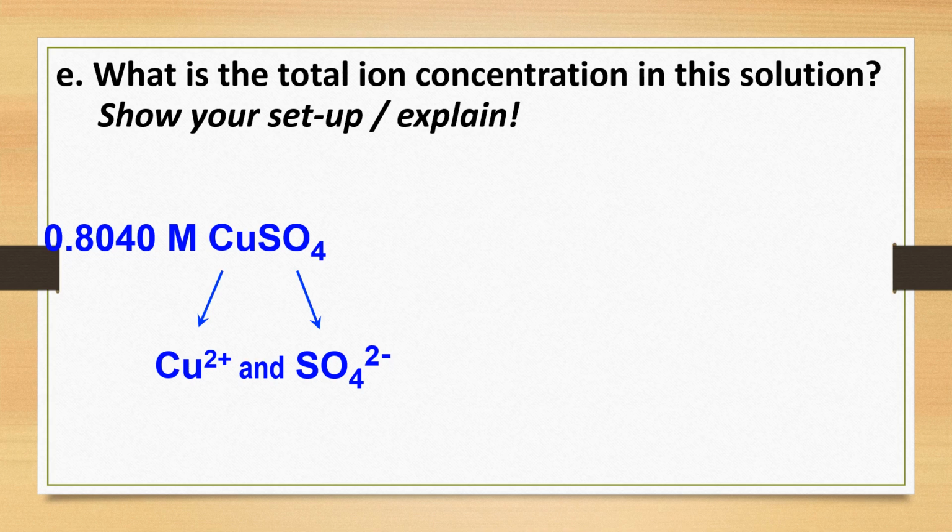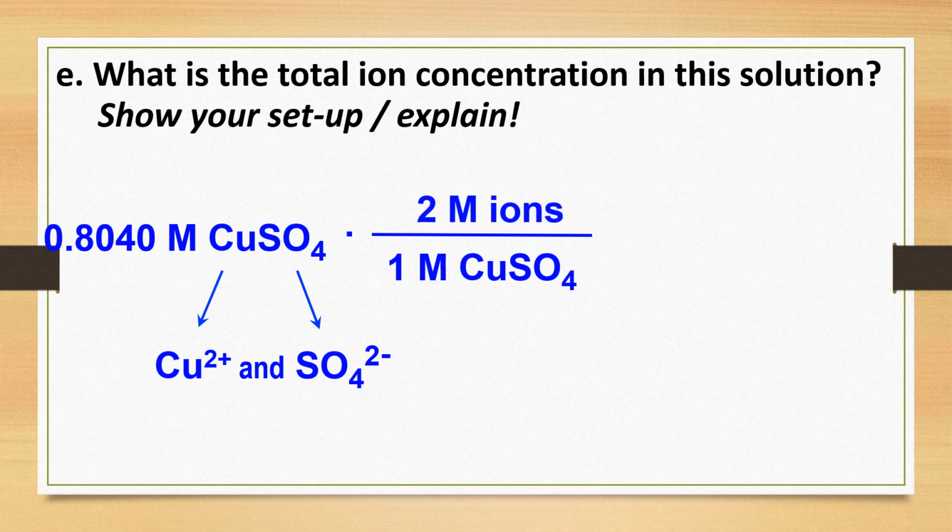So what we're going to do is write down the solution concentration and then multiply by the ratio. Here, 1 molarity of our solute gives 2 molarities of ions, so you can cross off the copper sulfate.